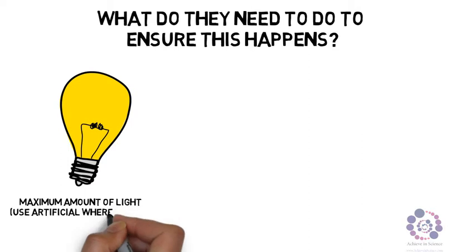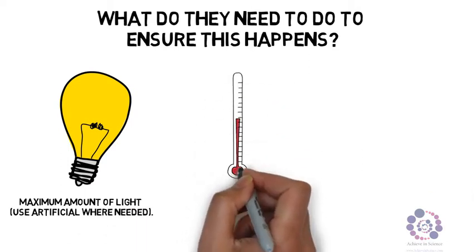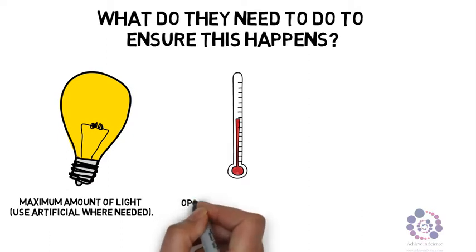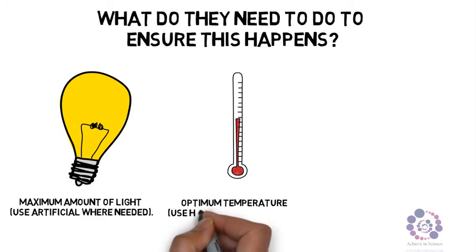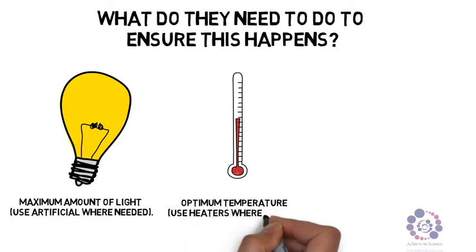They'll ensure that the temperature within the greenhouse is at its optimum, around about 30 degrees Celsius, and they will use heaters to ensure that this happens. These heaters can also be paraffin heaters.